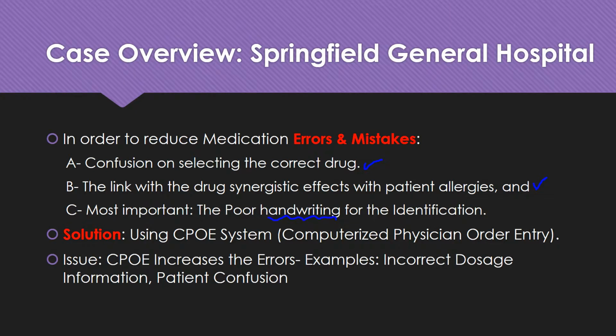So the solution was targeted to prevent the above mistakes, but sadly it caused a lot of issues and increased the number of errors. For example, we have errors of incorrect dosages, information, and patient confusion. Why did that happen? We will discuss it and review it.